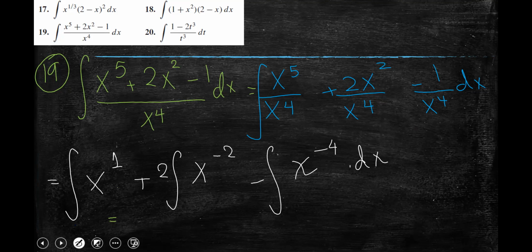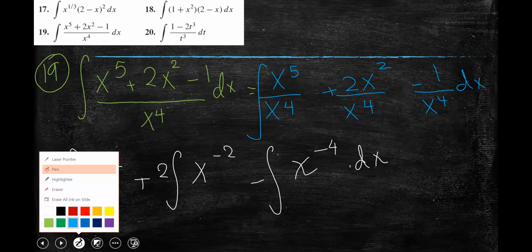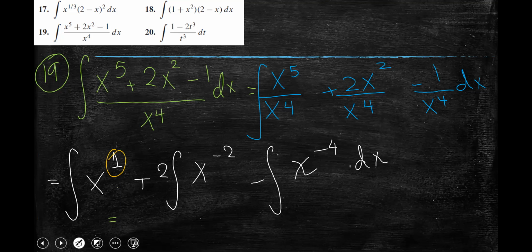Then after that, I will integrate. Now, what's the integration of x? Here, what did we have? We have x to the power 1. Is it right? So I will add 1 and say x to the power 1 plus 1 over 1 plus 1, plus 2x. What's the exponent here?